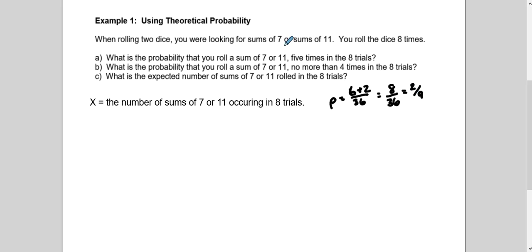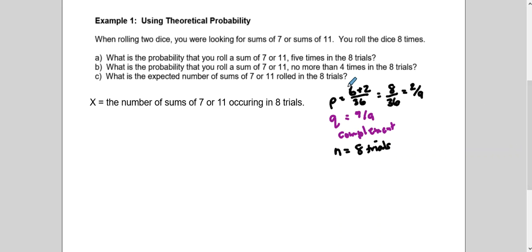Well, the Q is the complement. If I'm looking at the complement, that's going to be 7 out of 9. Not too bad. My N is the trials I'm looking at. Okay.